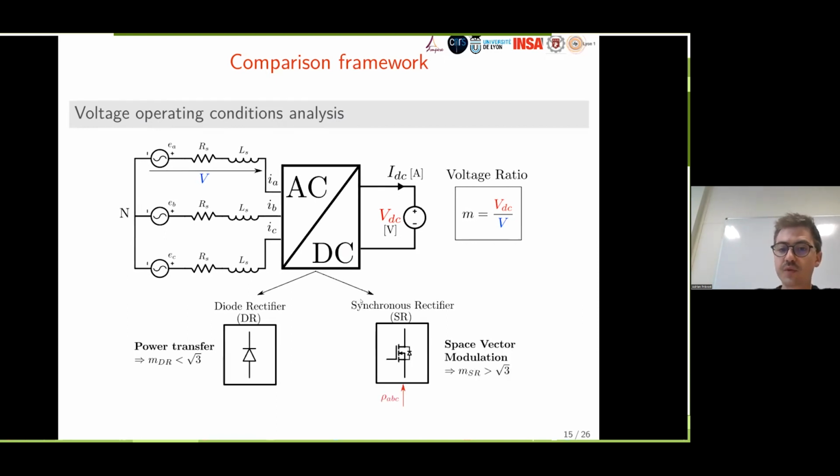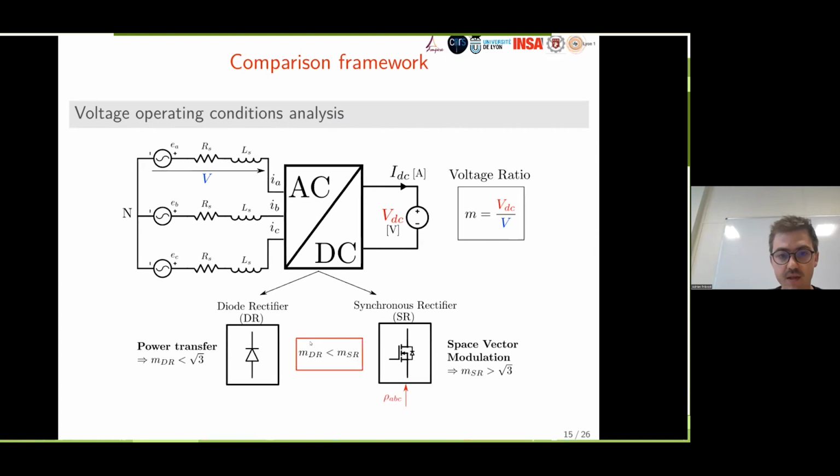For the synchronous rectifier, if we want to use space vector modulation, which is the technique that allows the maximum voltage amplitude on the phase for sinusoidal voltage, then this ratio should be superior to the square root of 3.